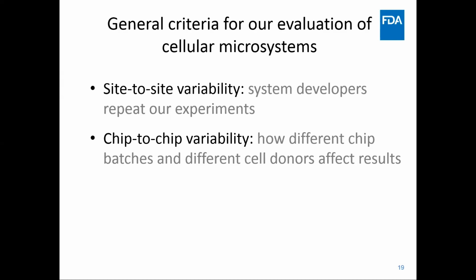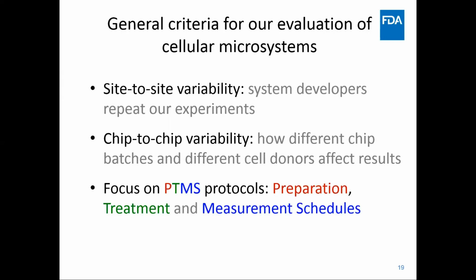So for the same experiments, we use different chips, chip batches with different cell donors, and see how that affects results. And for this purpose, we focus on PTMS protocols, where preparation of devices and cells, treatment with drugs, and measurement schedules are well detailed and controlled as much as possible.